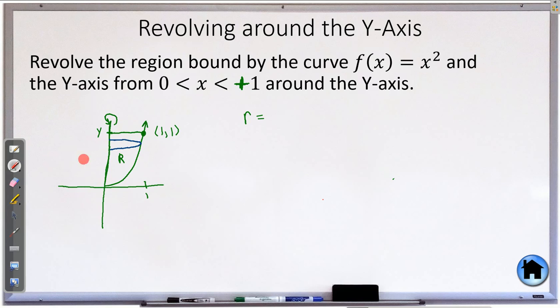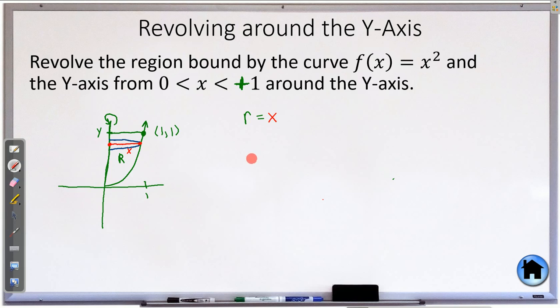Yes, it does mirror on the other side, but we're not too worried about that. So what is the radius here? Well, that is simply the x value. So our radius is the same as x.